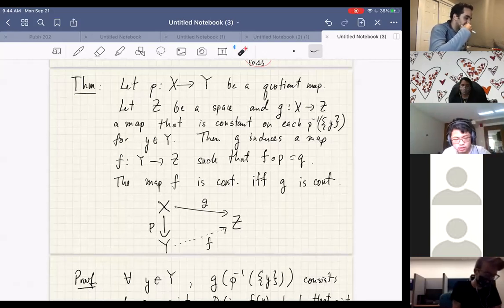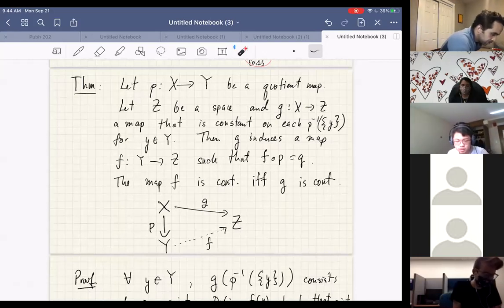So suppose P is a quotient map. Suppose X and Y are topological spaces, and P is a quotient map.